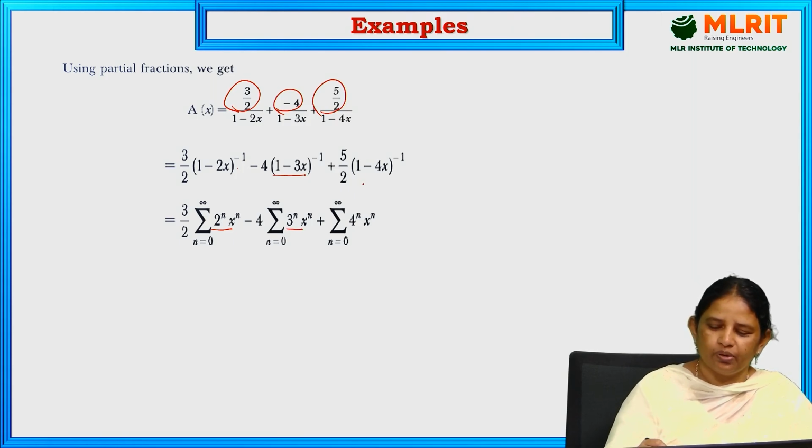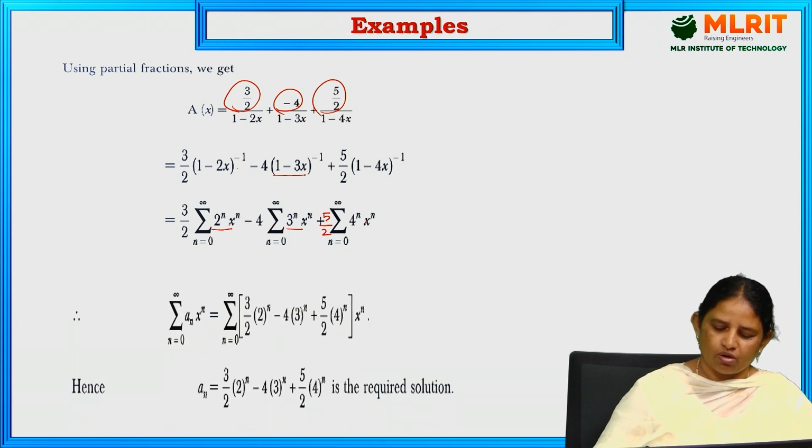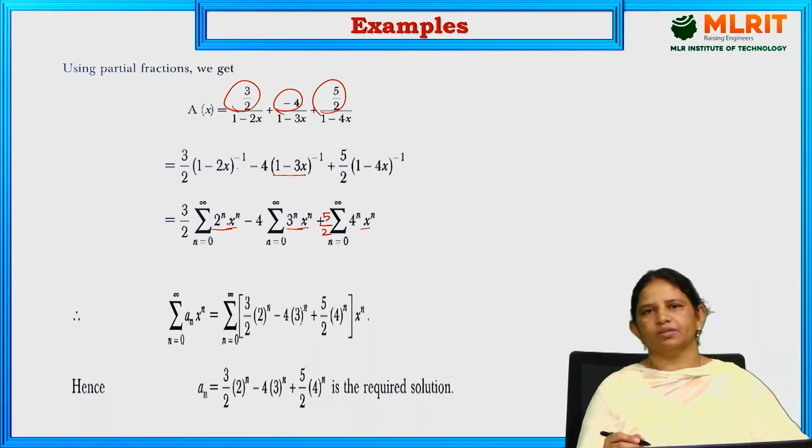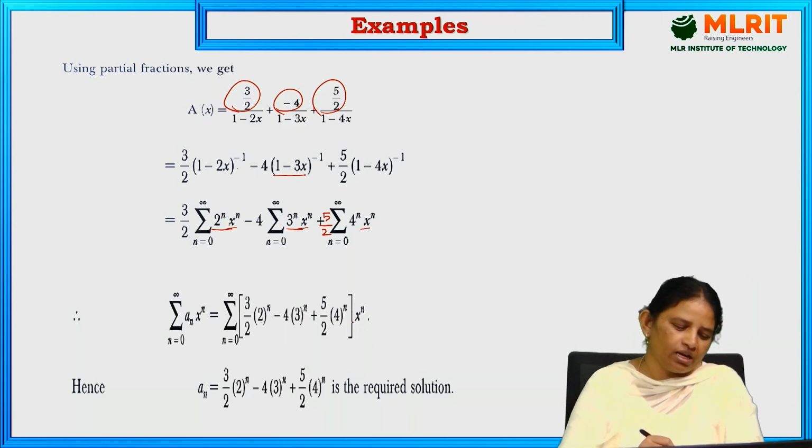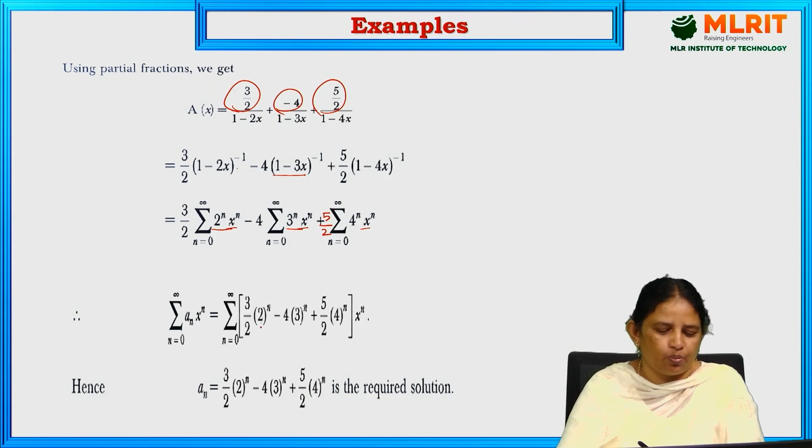Plus 5 by 2 into 1 by 1 minus 4x, that is 4 to the power of n x to the power of n. So after that we need to take summation n equal to 0 to infinity. Take x power n as common because x power n is common in the three terms. First term is 3 by 2 into 2 power n, second term is 4 into 3 power n, third term is 5 by 2 into 4 power n.